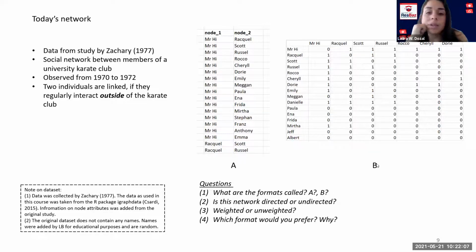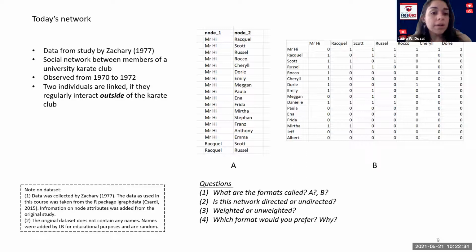And here we're looking at an unweighted network. They're all ones and zeros. And because it's a smaller network, 31 ties, we would prefer B, the adjacency matrix.